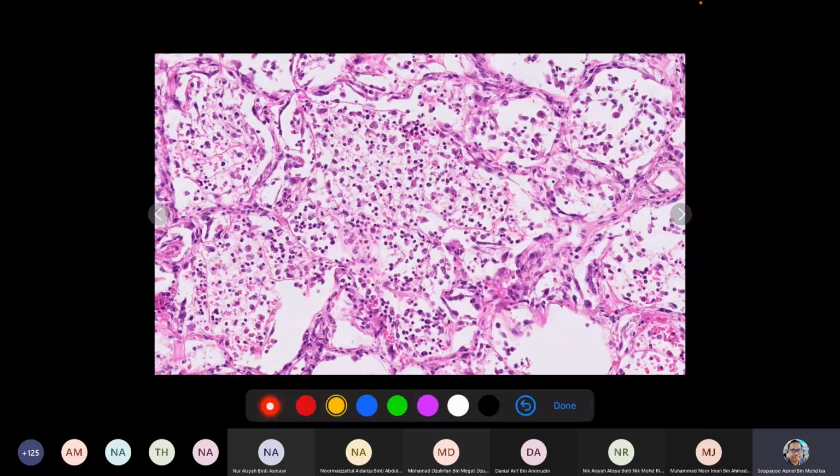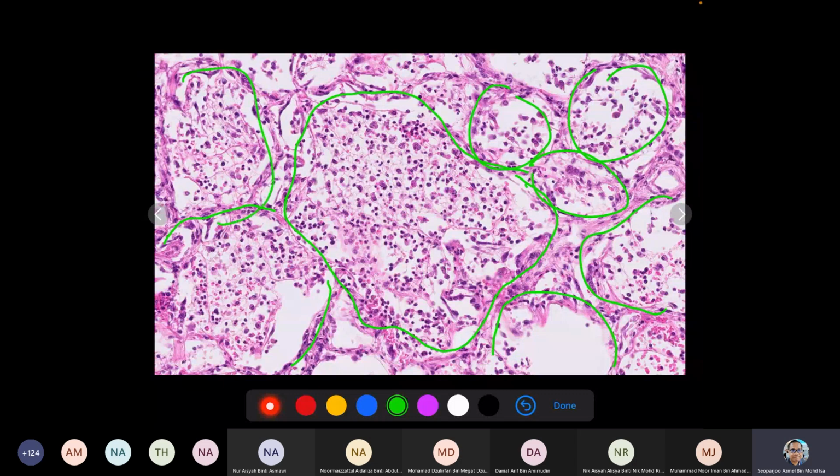So this is another close-up. You can see there are a lot of multiple cells here. I'll help you to orientate first. This is one alveolar space. This is another smaller one. There's another alveolar space, and another, and another.